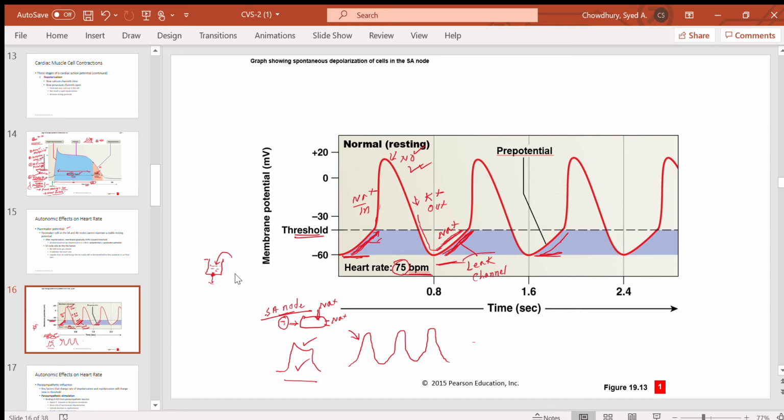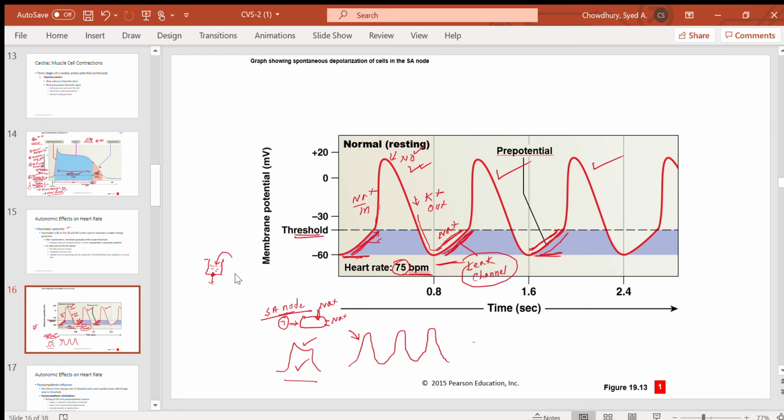You see that this slow rise is very important because this is one beat, and this is another beat. In between two beats, you need some time. We know that is the rhythmic contraction, right? One beat is done, then an interval, then another beat. That interval between the beats is given by this slow rise.